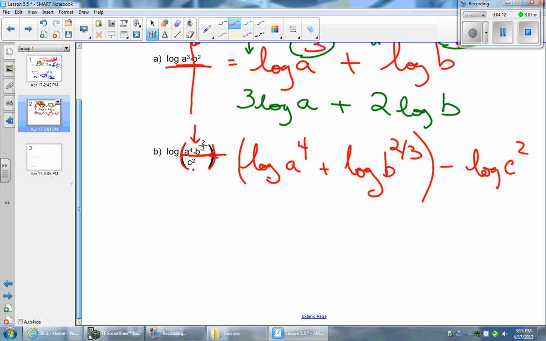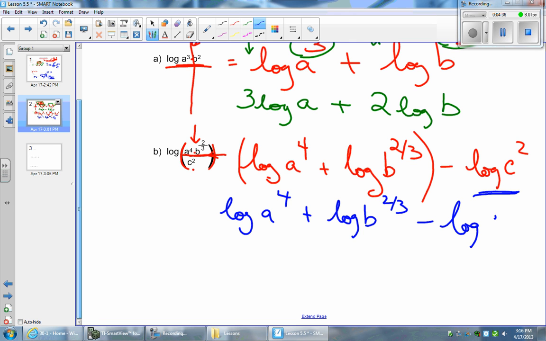Well, yes, but the nice thing about this is, does it really matter? Do you really have to have the brackets here? Actually, no, you don't. The reason why is because you're just going to subtract it from the whole total anyways. So let's just rewrite it without the brackets then. Log a to the 4 plus log b to the 2/3, minus log c squared.